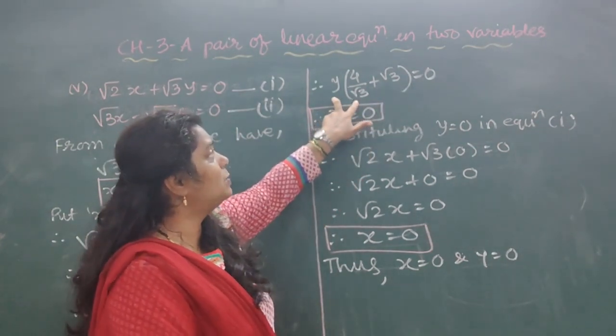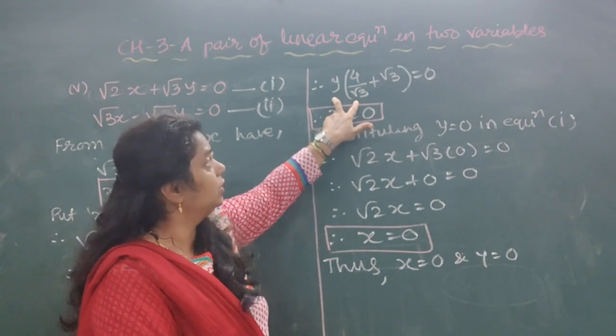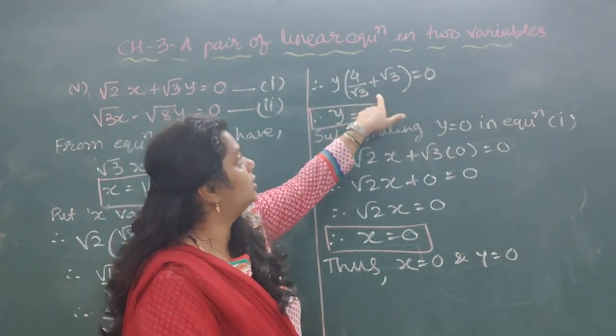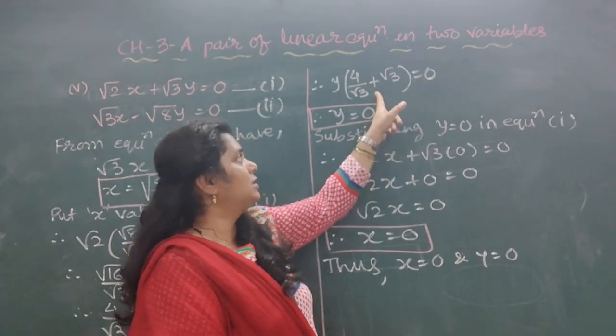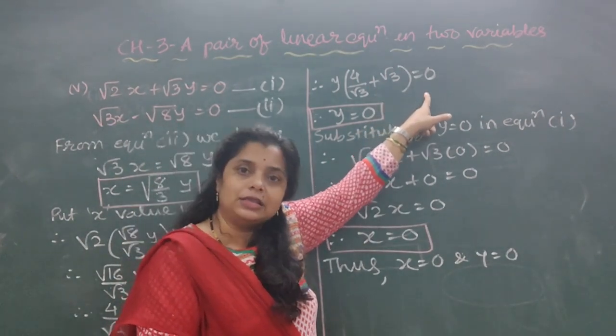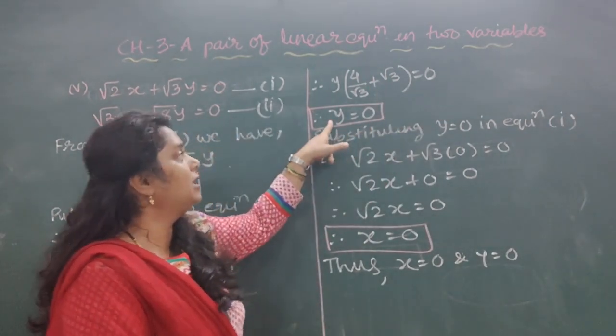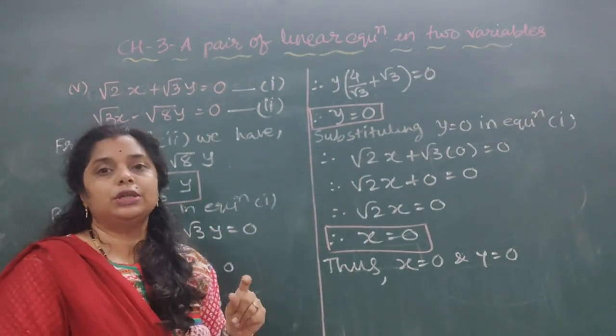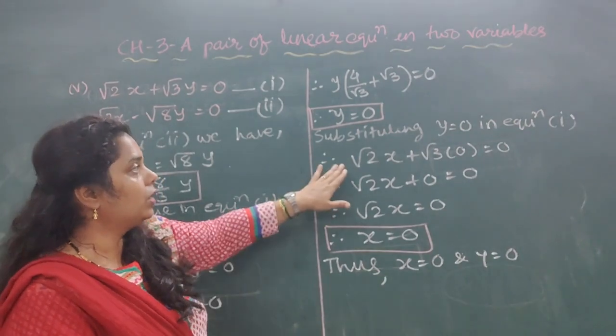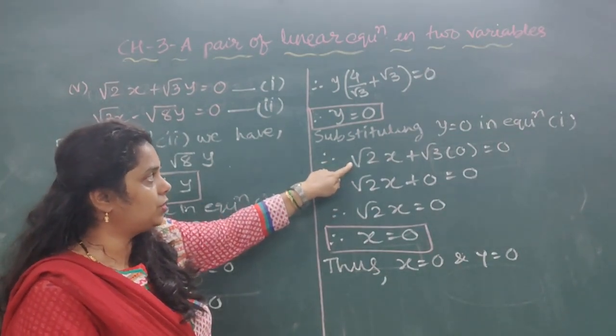Now y and this bracket are in multiplication, so if we take this bracket to the other side, it goes 0 by this bracket, and 0 by anything is again 0. So finally I got y is equal to 0. Now this y I substitute in equation 1 or 2. I have taken equation 1.